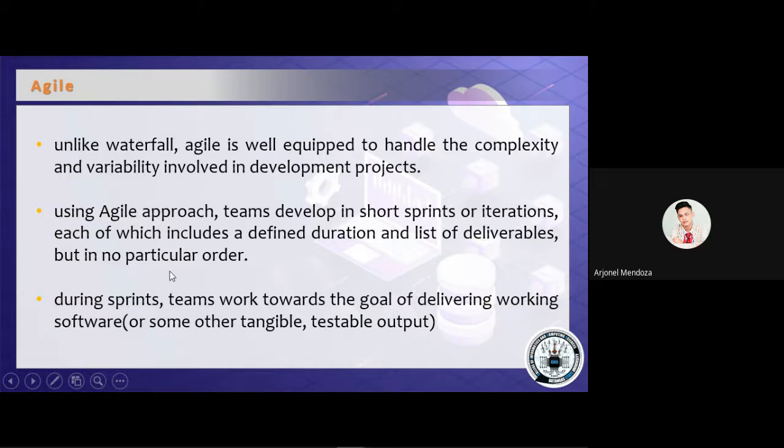So dito, on the Agile, ginagawa dyan, in different processes, different transactions, hinahati-hati siya. Or yung tinatawag nating sprints. Or sometimes, ano bang tawag doon? Microsystems. What I mean is, for example, we have a client.